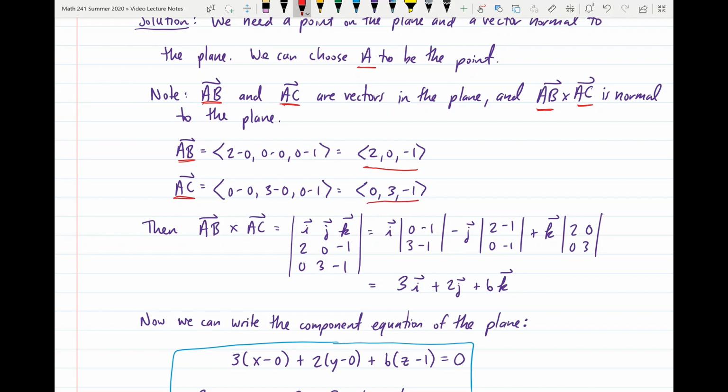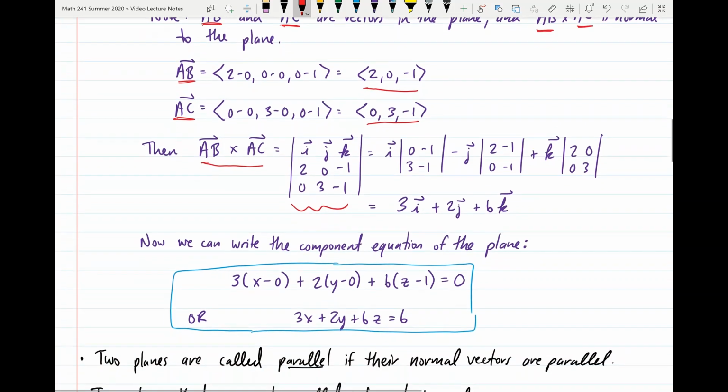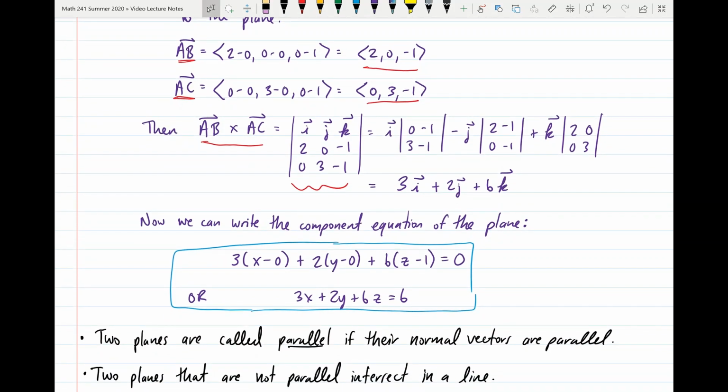And now we want to calculate the cross product of our 2 vectors. So we calculate the determinant of this 3 by 3 matrix that is given here. And with a little bit more calculation, we end up finding that the cross product of AB and AC is equal to the vector 3i plus 2j plus 6k.